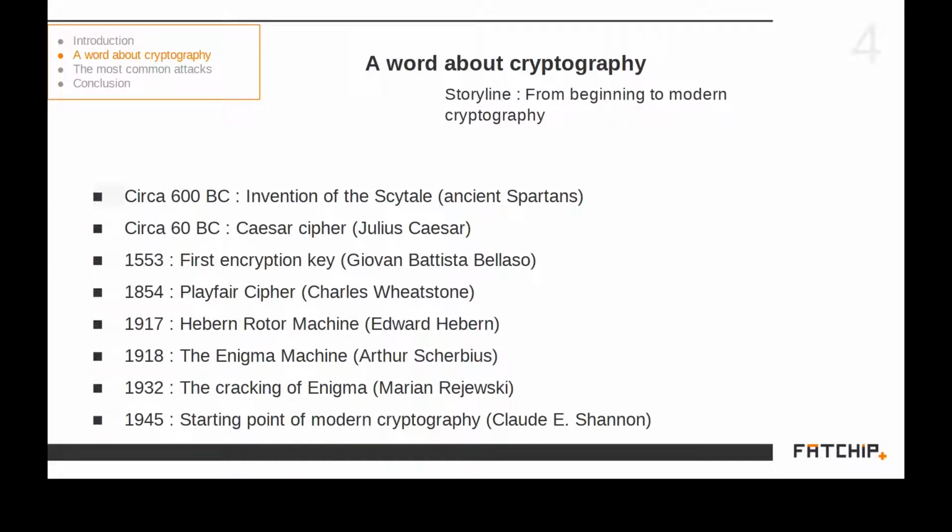Then in 60 before Christ, there is the very famous Caesar cipher, which is well known in the world now, which was quite strong for the epoch it was made in, without computers, without math degrees for everyone.